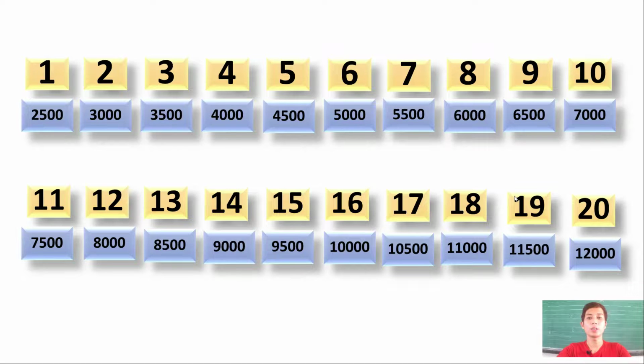How about if you are going to find the monthly rental fee in its 75th year? What if you're required to find the monthly rental fee in its 100th year? It seems that doing those activities requires a lot of effort to find the missing numbers.